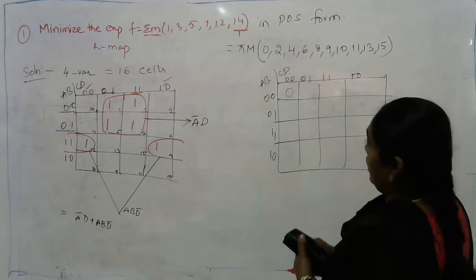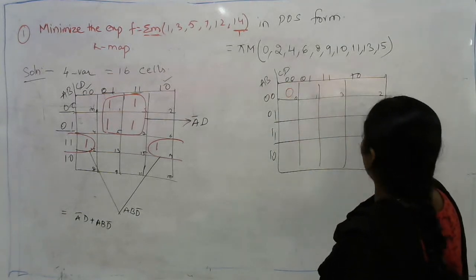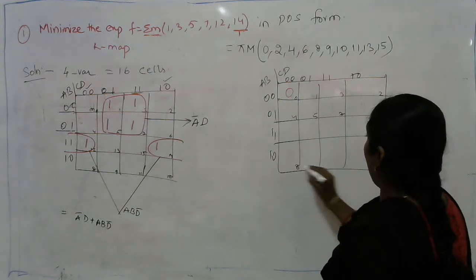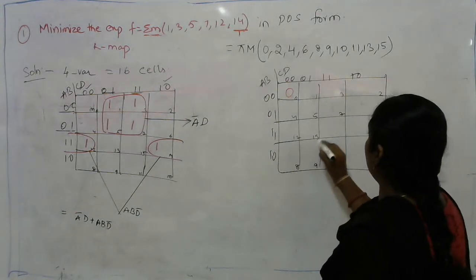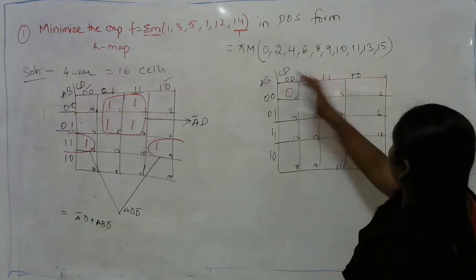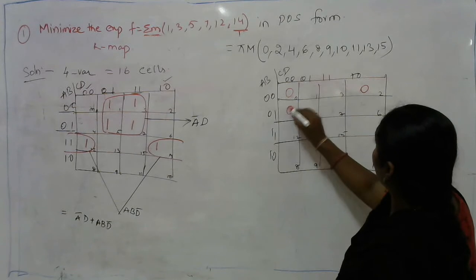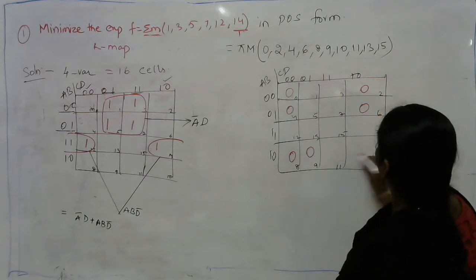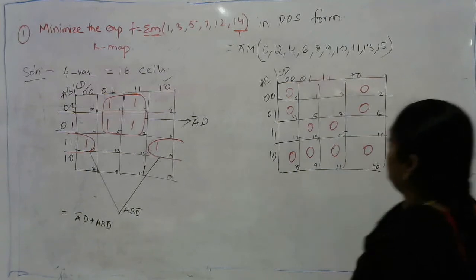Let me repeat this: 0, 1, 3, 2, 4, 5, 7, 6, 8, 9, 11, 10, 12, 13, 15, 14. Wherever the numbers are there, just keep a 0 under the corresponding cell: 4, 6, 8, 9, 10, 11, 13, 15.